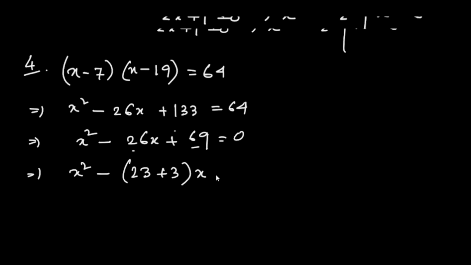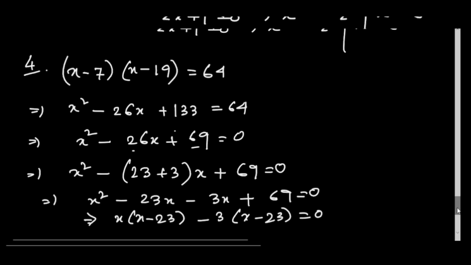Now from the first two terms, we can take x common, so it will become x(x − 23). From the next two, I am taking −3 common, it will become −3(x − 23) = 0.